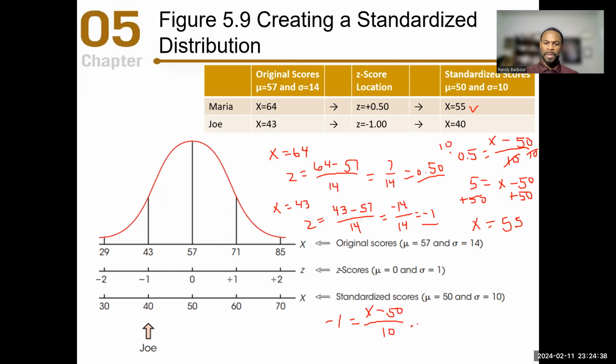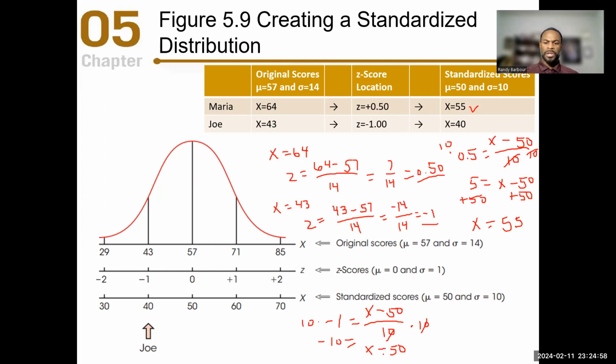So multiply both sides by 10. Just the algebra of it all. This should be -10 equals, those cross out, so this should be x minus 50.